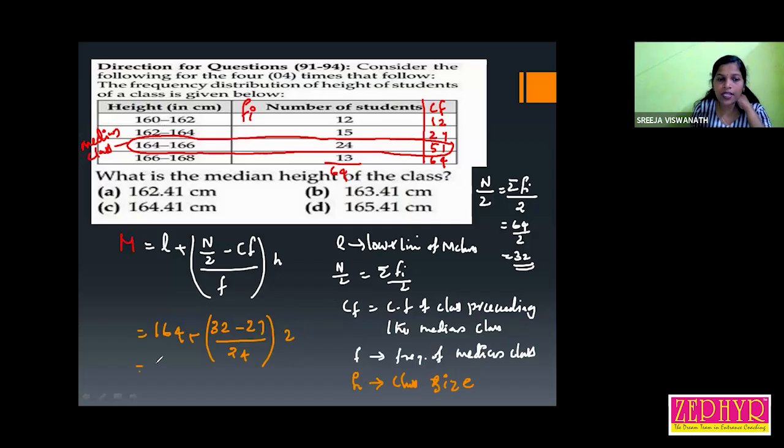So you can solve. That is 164 plus 2 into (32 minus 27) by 24, that is 5 by 12. So the final answer is 164.41. Option C.